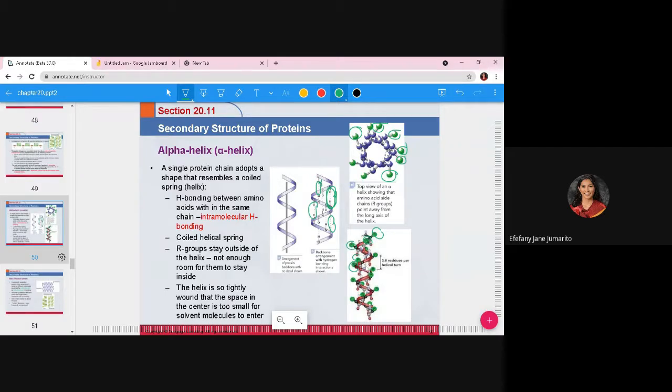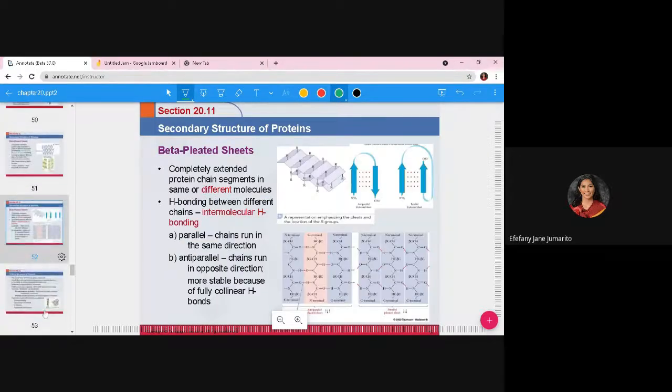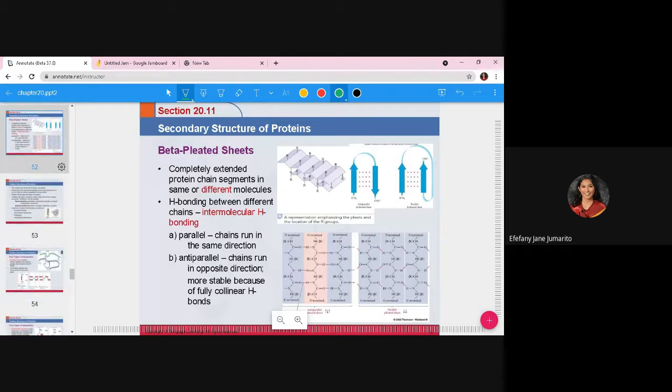Okay, so the OH are in between, inside the helix, and then the R group is outside the helix. Okay, so that's it. Now, okay, beta pleated sheet. So it's more like papel class nga imong i-lukdong. Okay, more para sa inyong by layer.